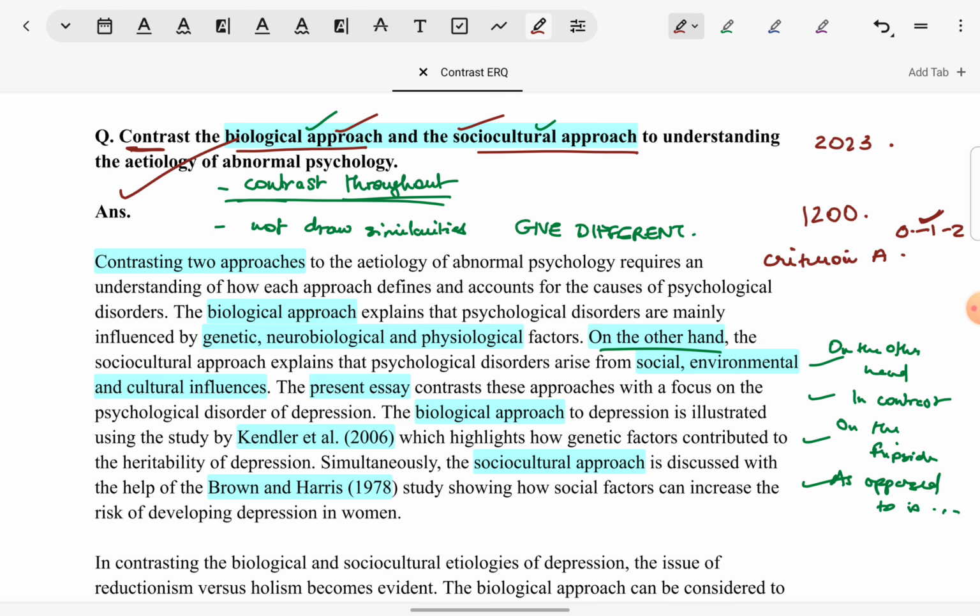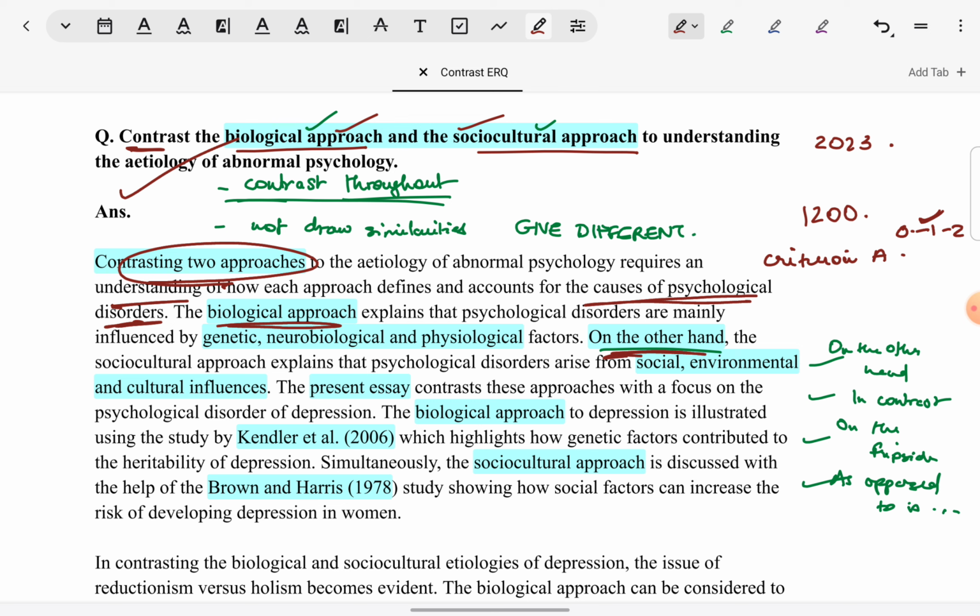Explanation is evident in this answer, because you can see not only are the approaches defined, but it has also been highlighted that these approaches can help to understand the causes of psychological disorders. Contrasting them will help to understand better how each of these show the causes of psychological disorders.